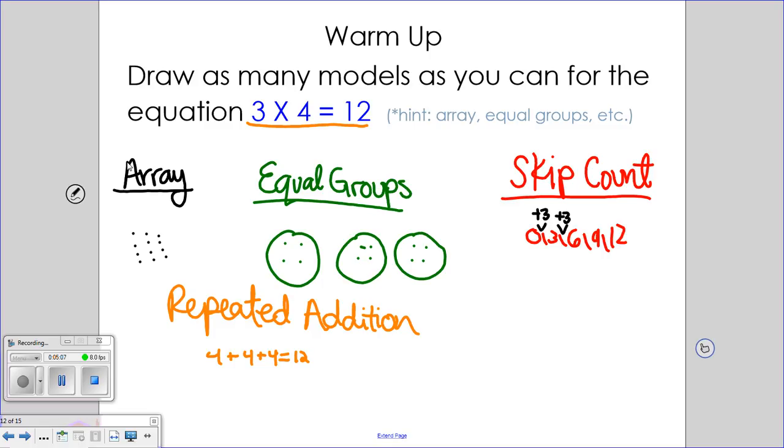You could have done plus 3, and it would have looked like this. Riley, you want to help me do it? 3 plus 3 plus 3 plus 3. So depending on whether I said 3 4s, 1, 2, 3, or I said 4 3s, 1, 2, 3, 4, that would work. Ashley?